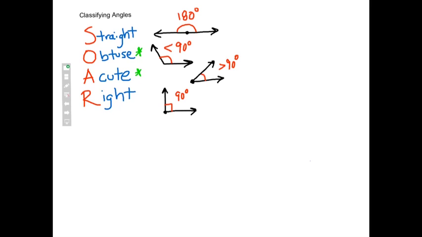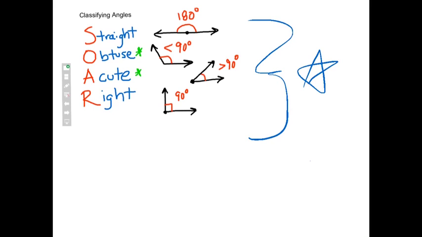We're going to be dealing with all of those when we talk about complementary, supplementary, and vertical angles. So it's really important that you know those, and if you don't know about those 4 angles, please go back to the other screencast and take care of that first.